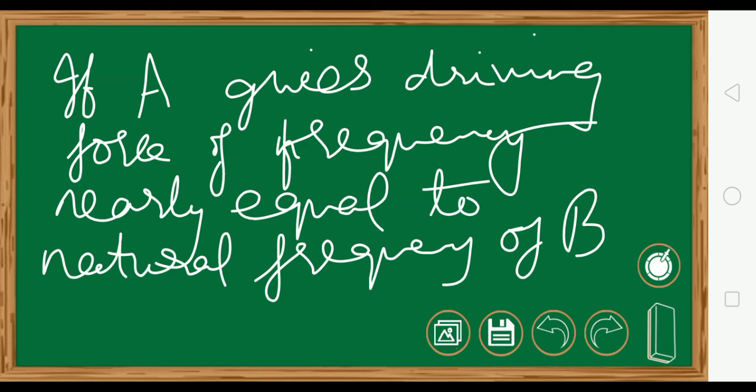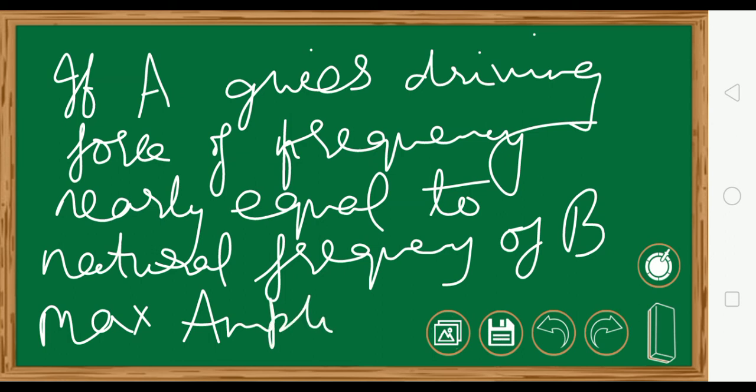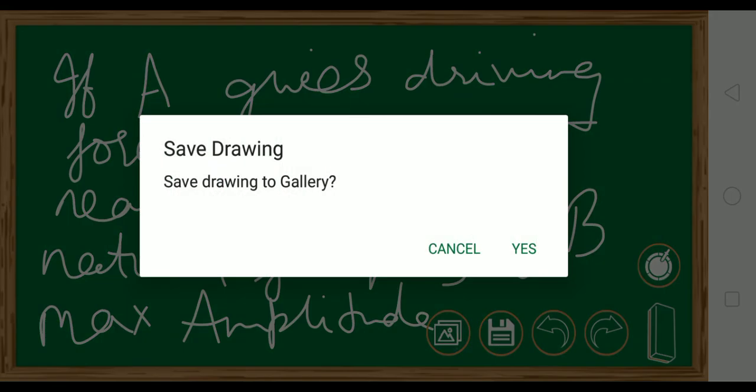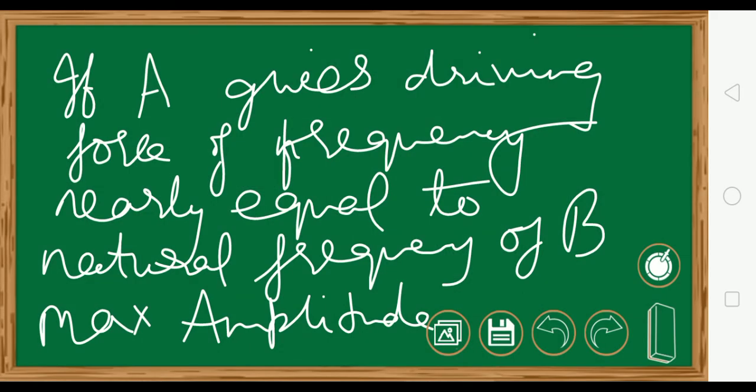B is going to vibrate the maximum. Then you are going to get the maximum amplitude. Okay? So this completes your unit 7.8 points.